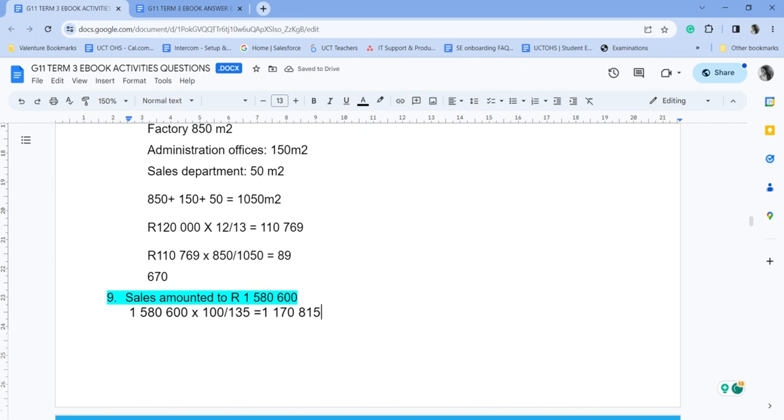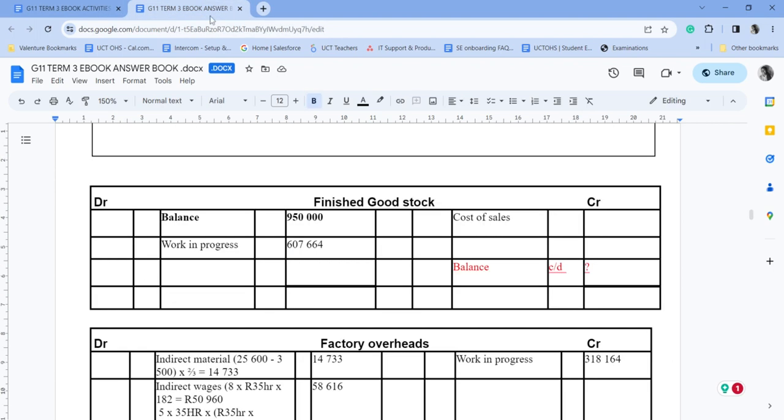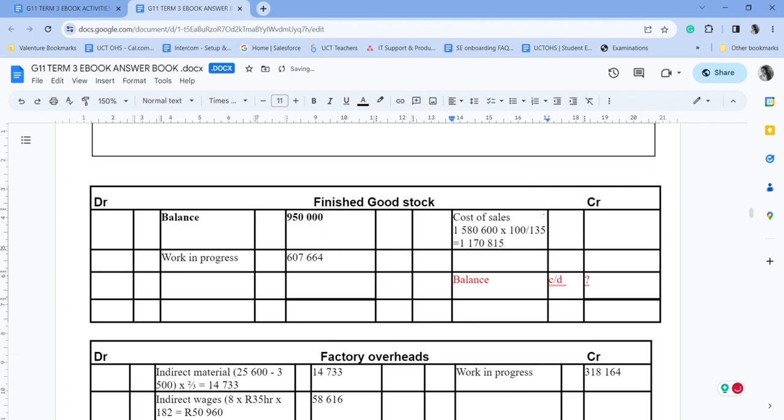This is my cost of sales. That cost of sales is what I am going to put in my finished goods account, on the credit side: 1,170,815. So this leaves me with something that looks like this. I haven't put in the dates yet; I'm going to do that at the end.